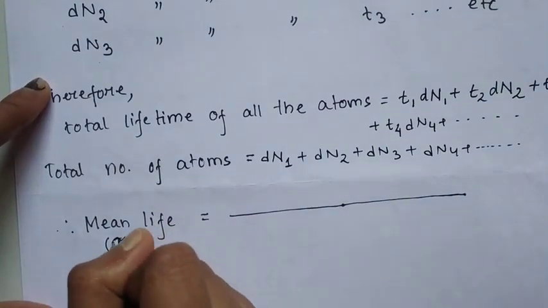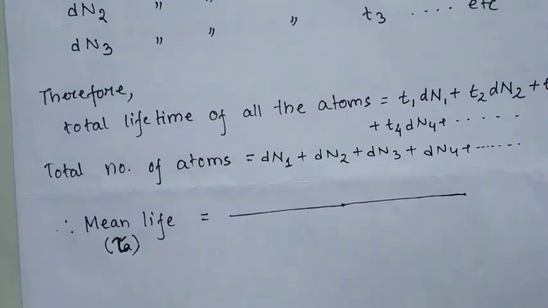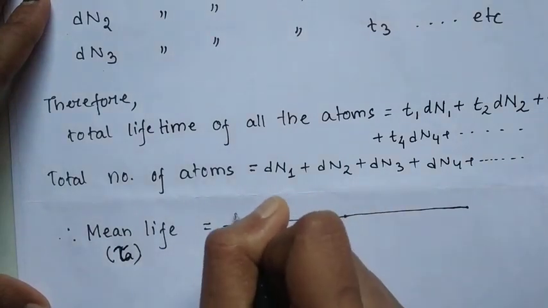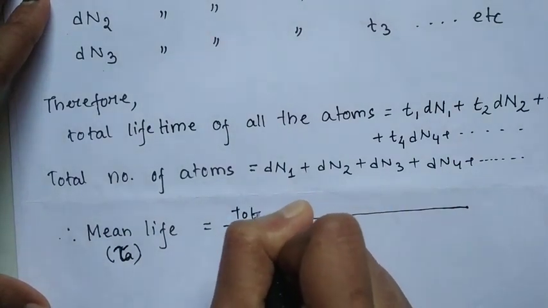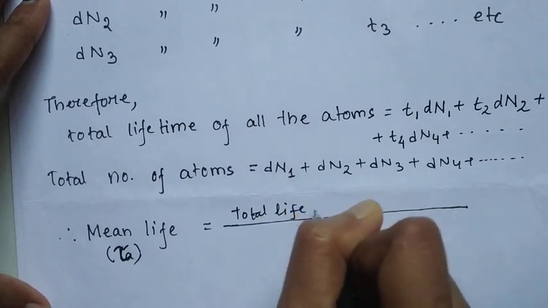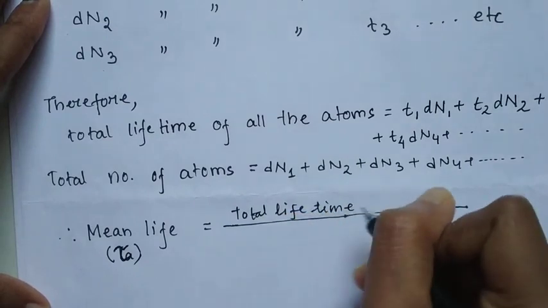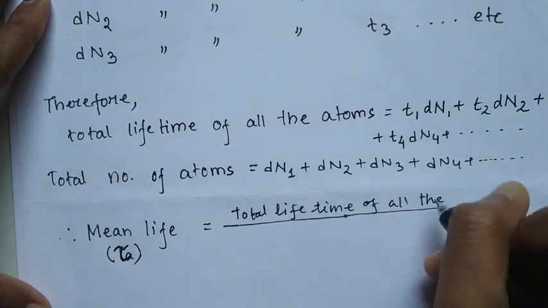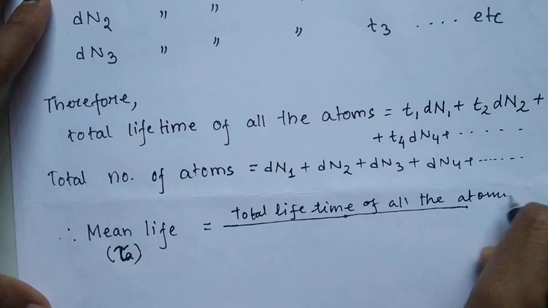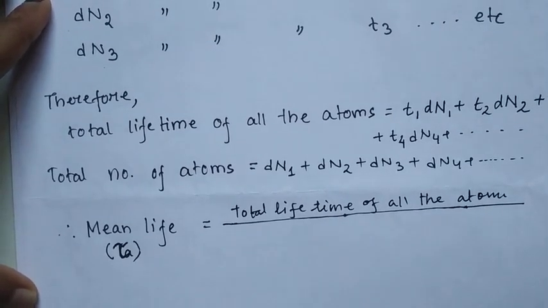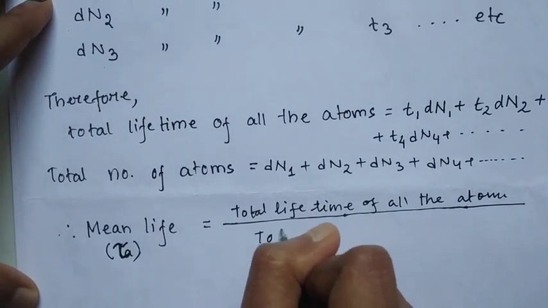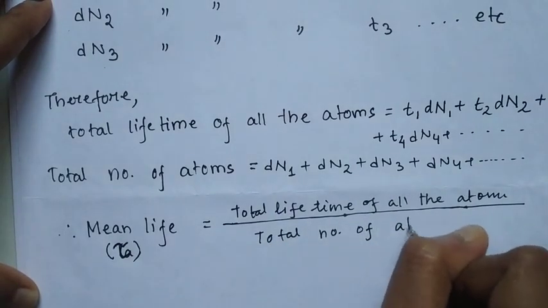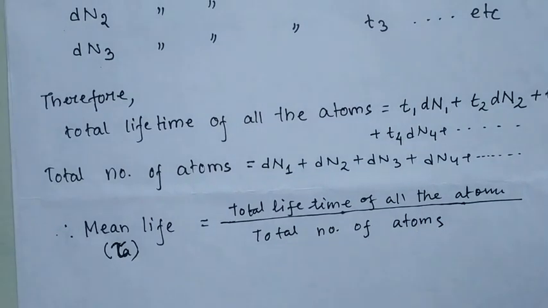The mean lifetime, tau, as we know, is the sum of the lifetimes of all the atoms divided by the total number of atoms.